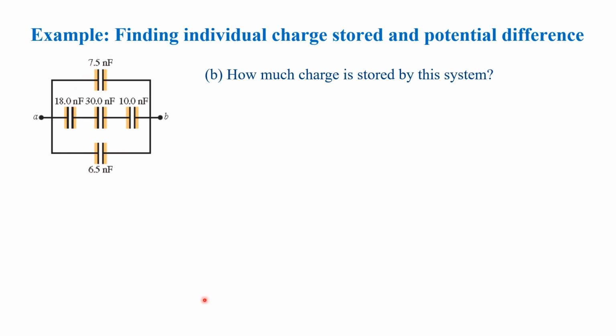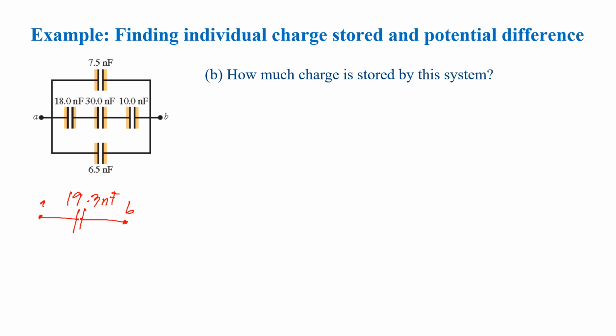So earlier we were able to simplify this 5 capacitor network into just one equivalent capacitor, which has a capacitance of 19.3 nanofarads. So it's just asking what is the charge stored by this 19.3 nanofarad capacitor.